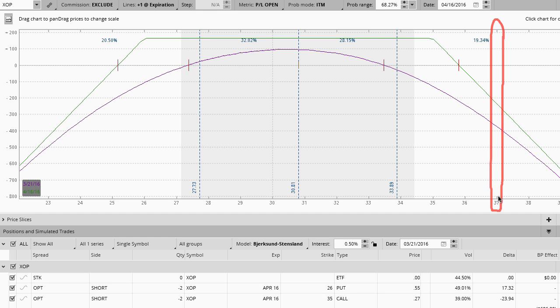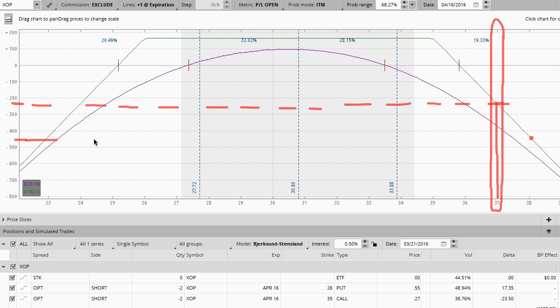In that case, we would take our 37 strike, go up to wherever it intersects with our P&L chart, which is right here, and then go left from there, and you can see that at expiration, if the stock was at $37, we would lose a little over $200 on this trade. If it moved up to 38 at expiration, then we would lose about $450.